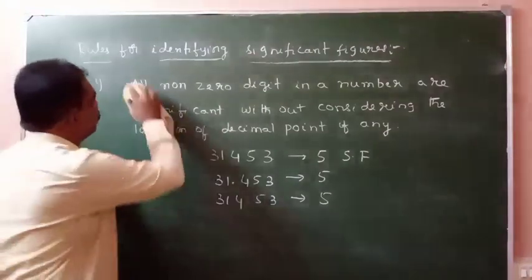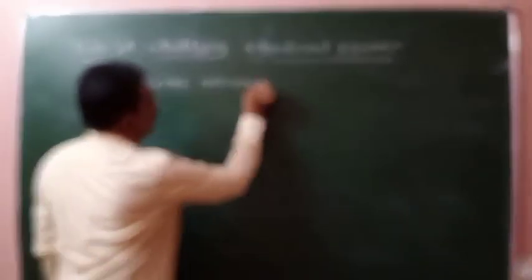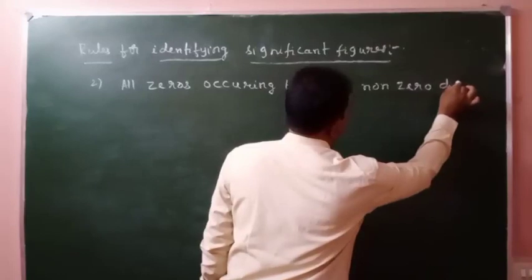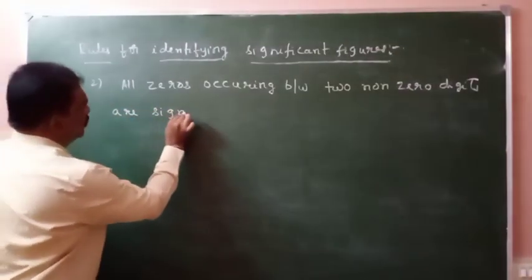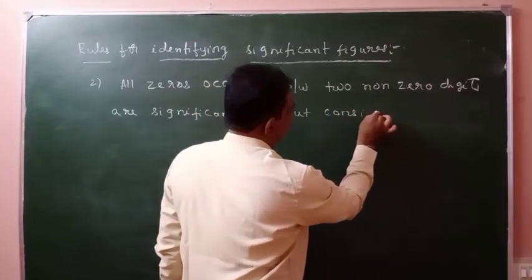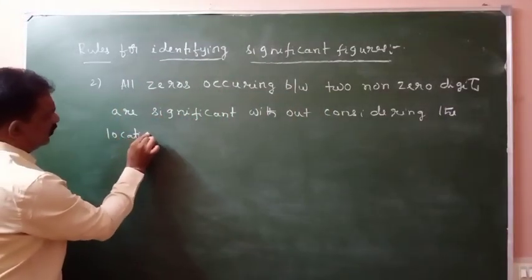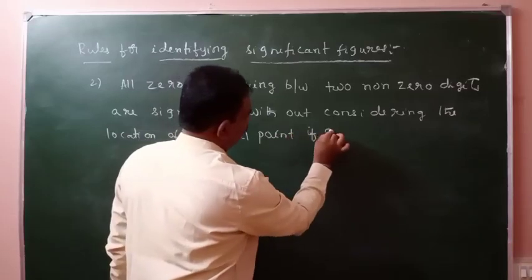Second one: all zeros occurring between two non-zero digits are significant without considering the location of the decimal point, if any.